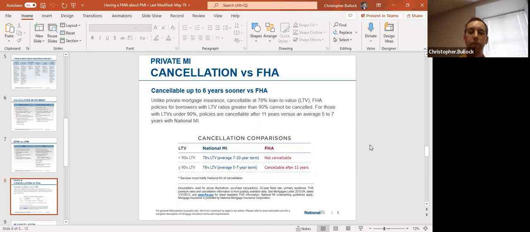And then the more you put down with conventional, the sooner it falls off. So people putting 15% down may only be paying mortgage insurance for 5 to 7 years, rather than with FHA, where it would be on there for at least 11 years.